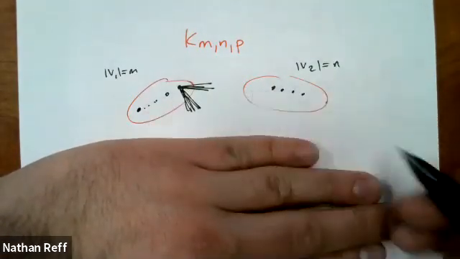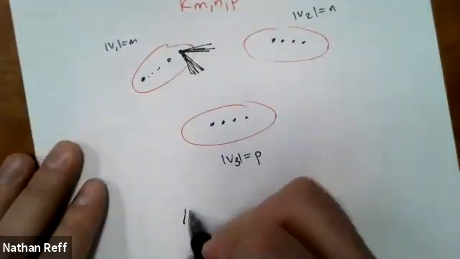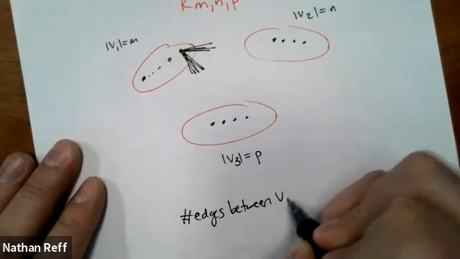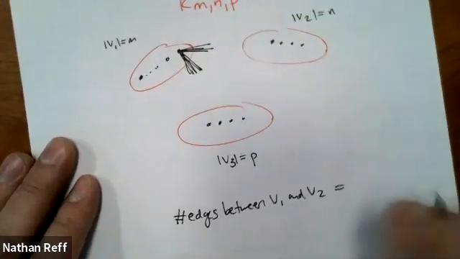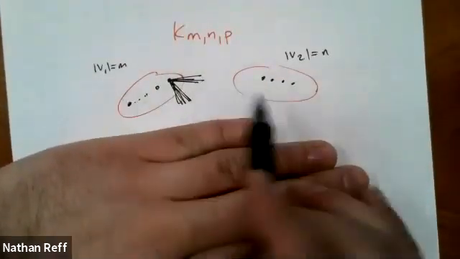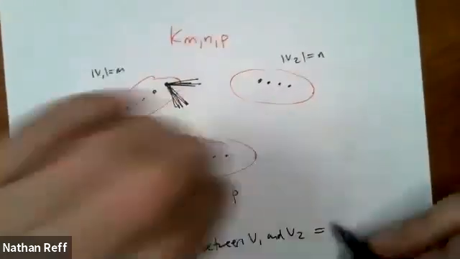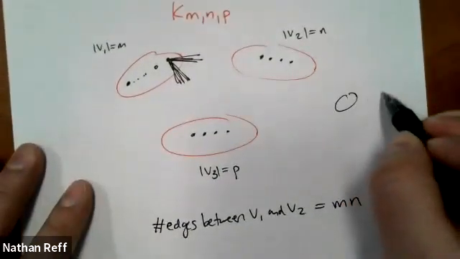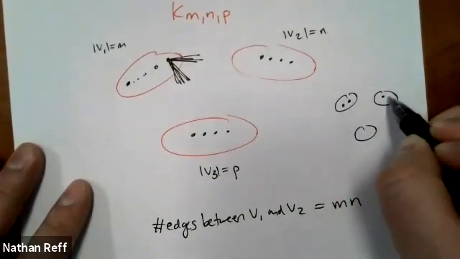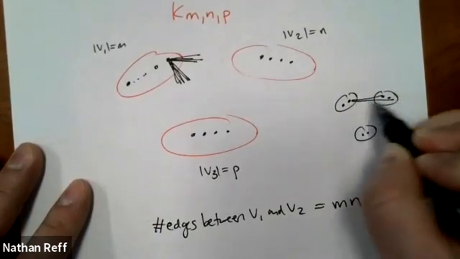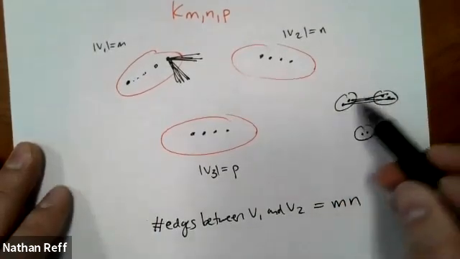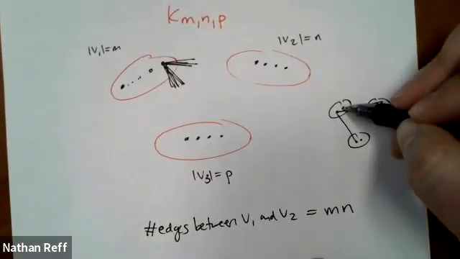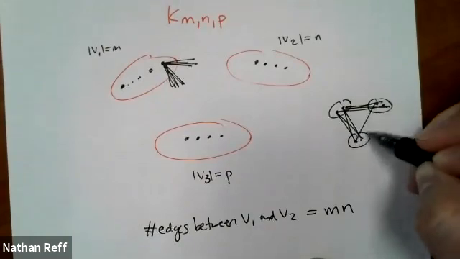So the number of edges between V1 and V2 is going to be M times N. Let me just show you a small one real quick. It's bipartite between these two, bipartite between these two, and bipartite between these two.